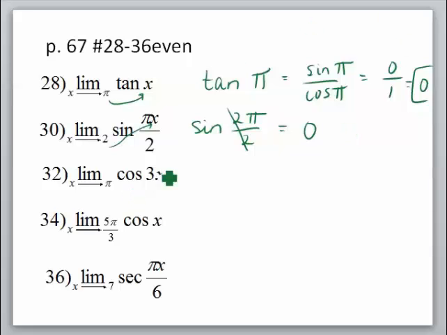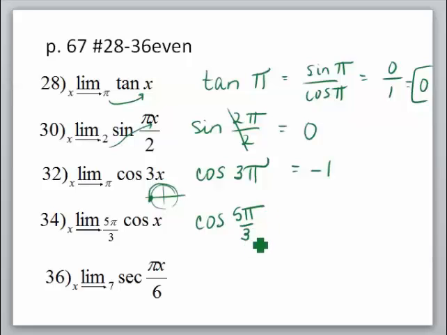The next one, I have cosine of 3 pi. The cosine of 3 pi on the unit circle would be all the way back here, so it would be -1. This next one would be the cosine of 5 pi over 3. This is a reference angle of 60 degrees.